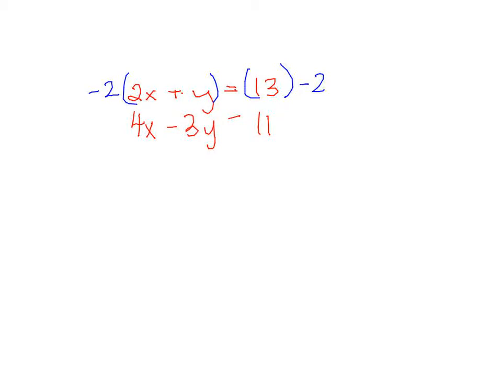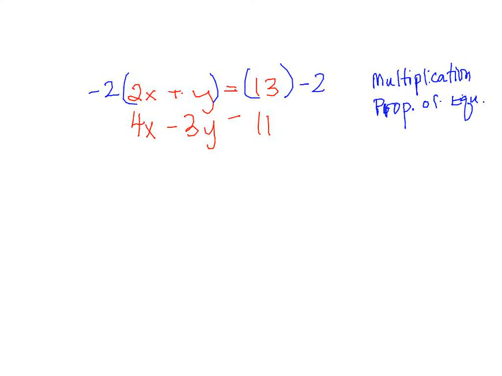The reason this is a valid step is because I'm using the multiplication property of equality. If I take an equation and multiply each side by the same constant, I still have two equal quantities. It remains equal.